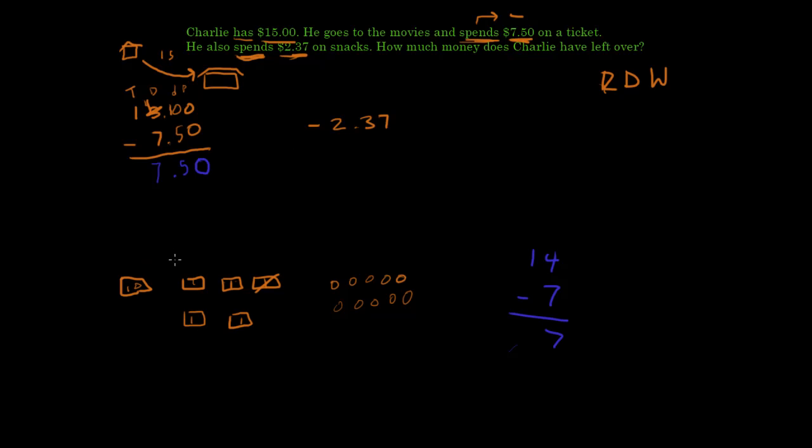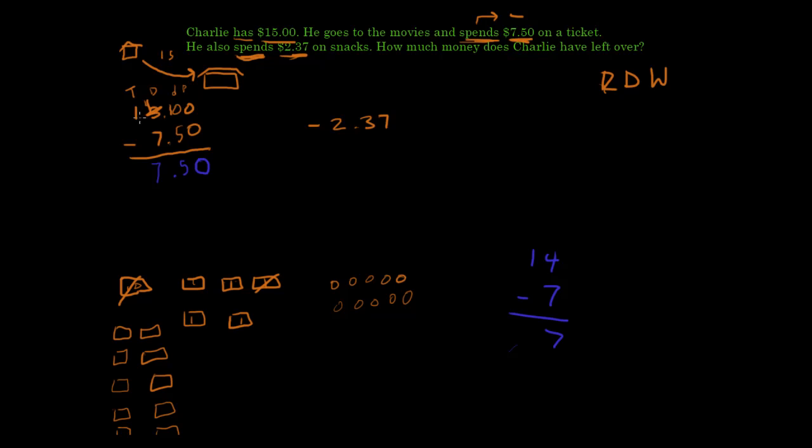But if I want to show that with my picture down here, I can break that $10 bill up into 1, 2, 3, 4, 5, 6, 7, 8, 9, and 10 $1 bills. Now I have 1, 2, 3, 4, 5, 6, 7, 8, 9, 10, 11, 12, 13, 14 $1 bills.